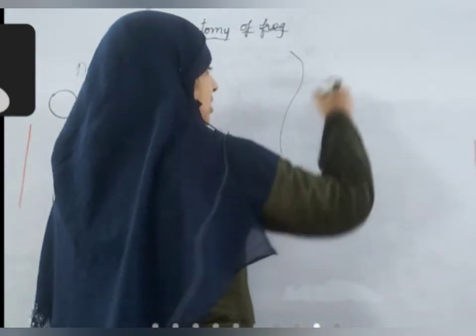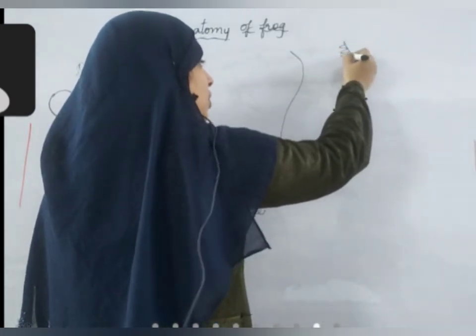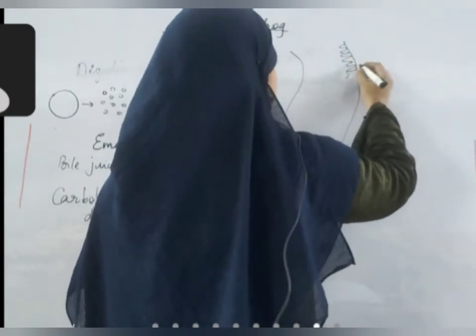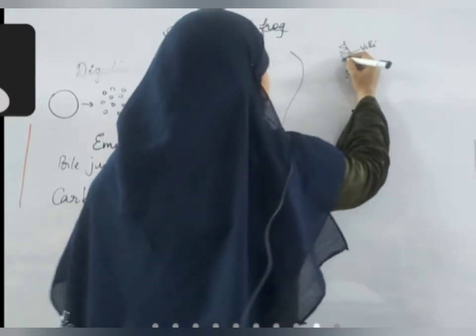In the inner layer of intestine, this is an intestine, the inner layer will have small folds like this. These folds are called villi. Over the villi again there are small folds called microvilli. So when you observe closely, this is one villus.